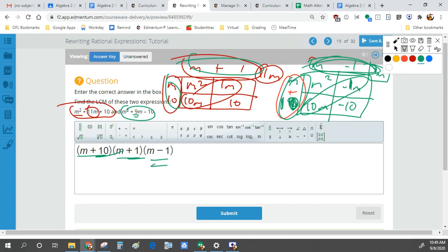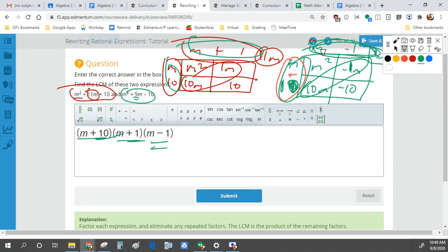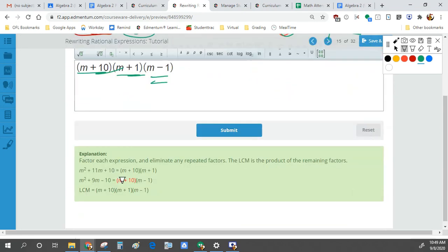It's all the different ones. So that's how we do this. So see here, they're showing that if you factor it out, if you use the box method, this is a repeat, so you don't copy down your repeats. Is that making a little bit of sense on how we find the LCM? We just use one of each, no repeats.